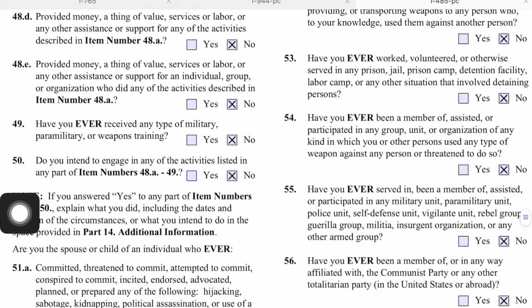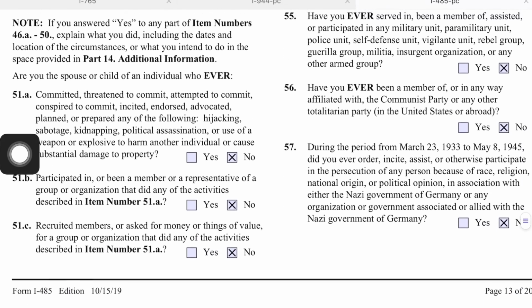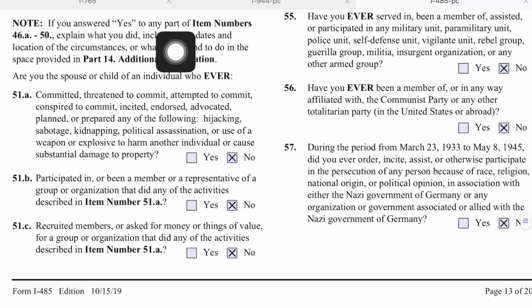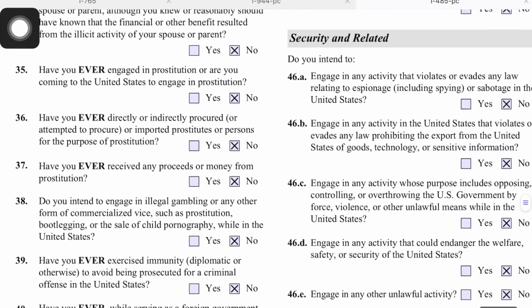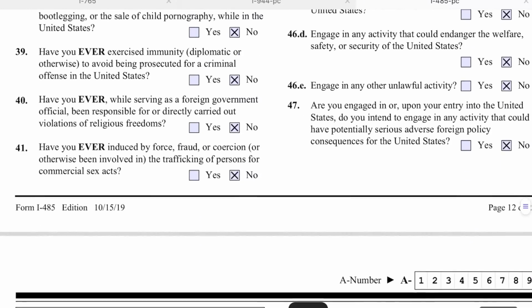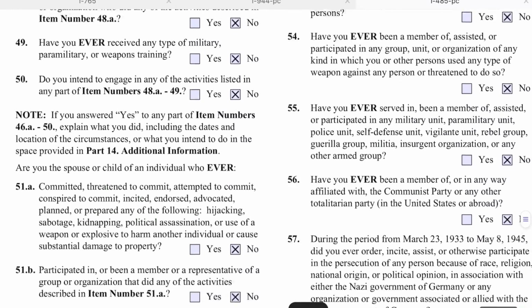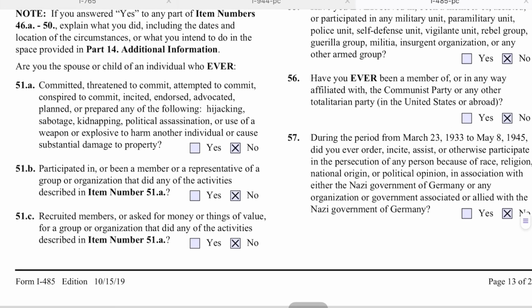Just read it carefully before answering. So I'll skip that. And then here, note if you answered yes to any part of item number 46A to 50, explain what you did, including the dates and location of the circumstances, or what you intend to do, in the space provided in part 14. So if you answer yes on any of this part, 46 to 50, explain it in the space provided on part 14.